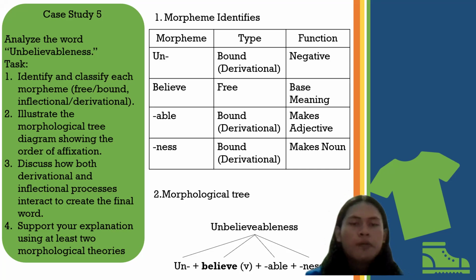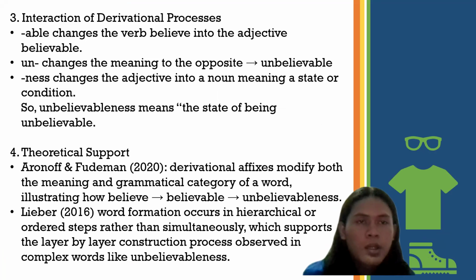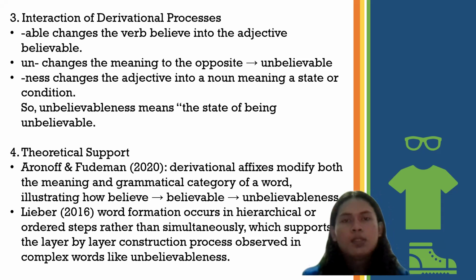Next is the morphological tree. Unbelievableness: un plus belief or verb plus able plus ness. Next is interaction of derivational processes.